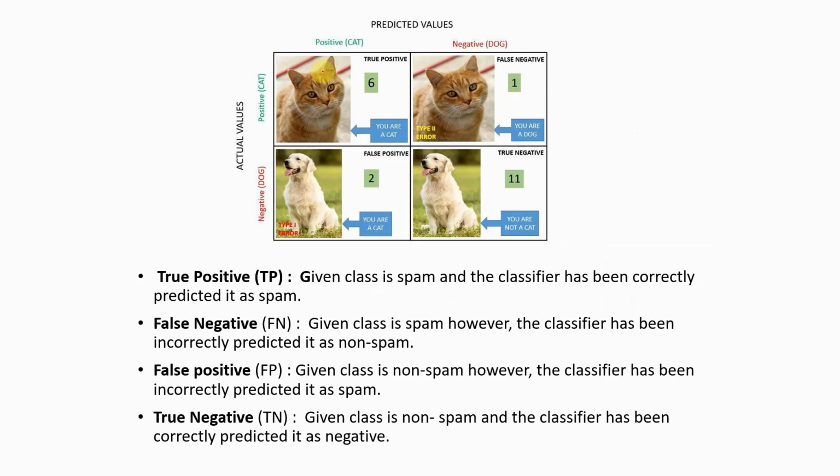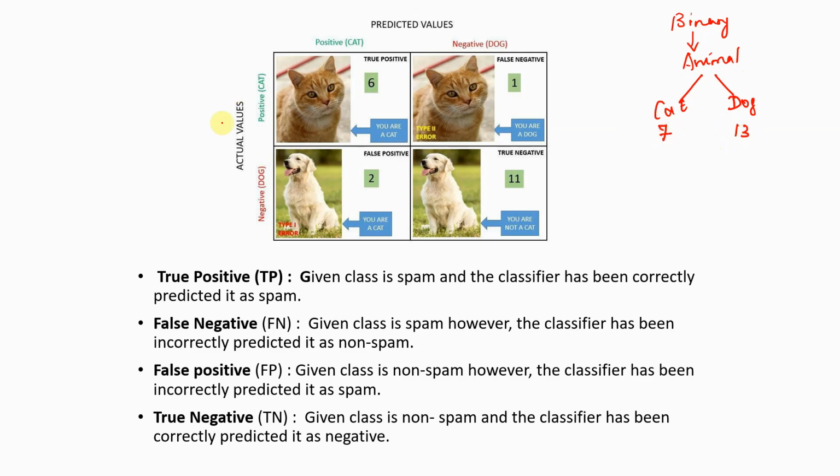Now we are seeing this with an example. Here we have a binary classification model which is used to classify animals into two categories, cat and dog. The actual represents how much we have in total: 7 cats and 13 dogs.